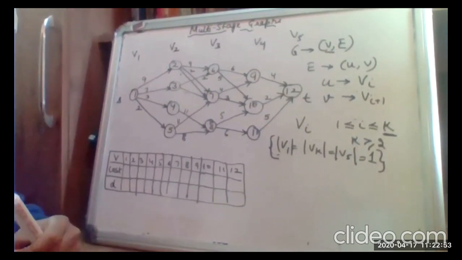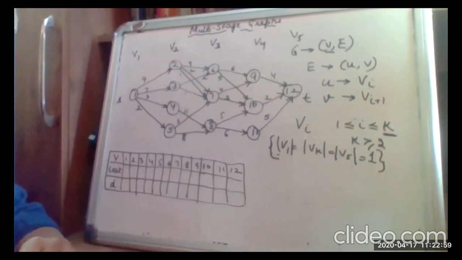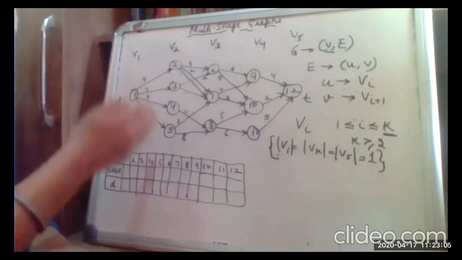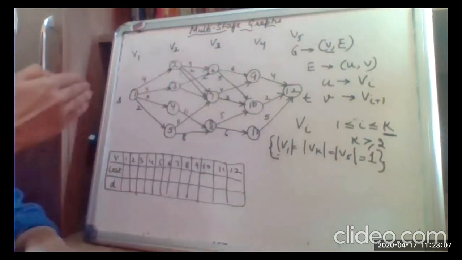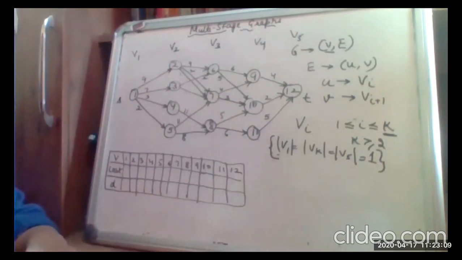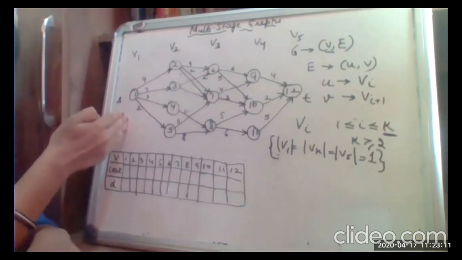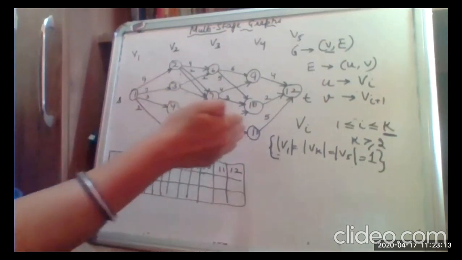Okay. Now, for what kind of problems do we actually use multi-stage graphs? Whenever you have something like resource allocation to different processes where the processes work in a step-by-step manner. You have at the first stage this process, second stage, third, fourth, and so on.